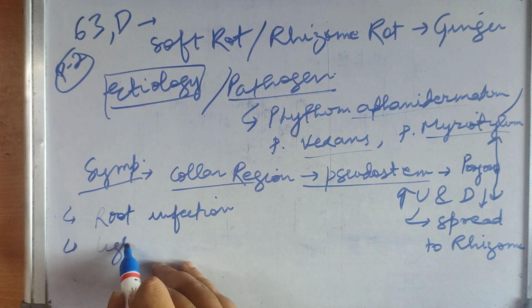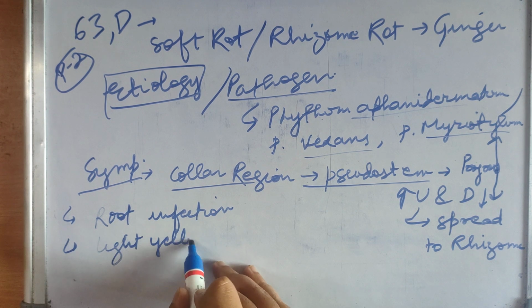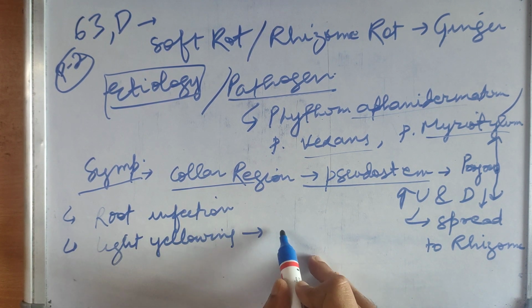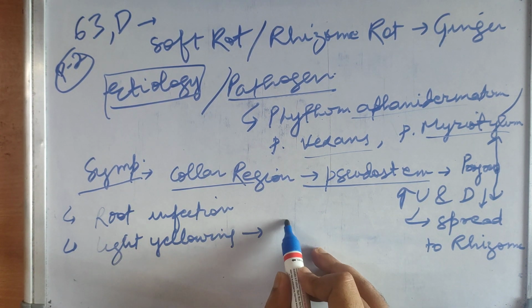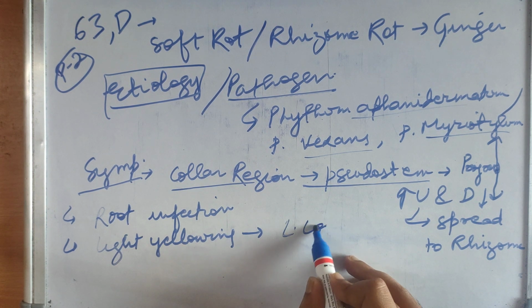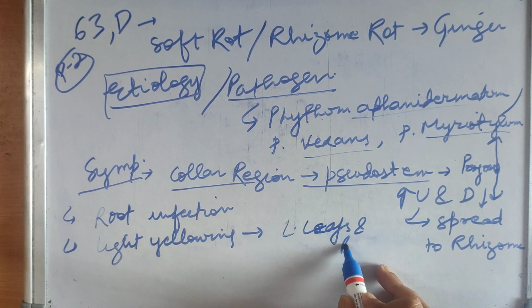Light yellowing of tips of lower leaves and plates. You can see light yellowing of tips of lower leaves.